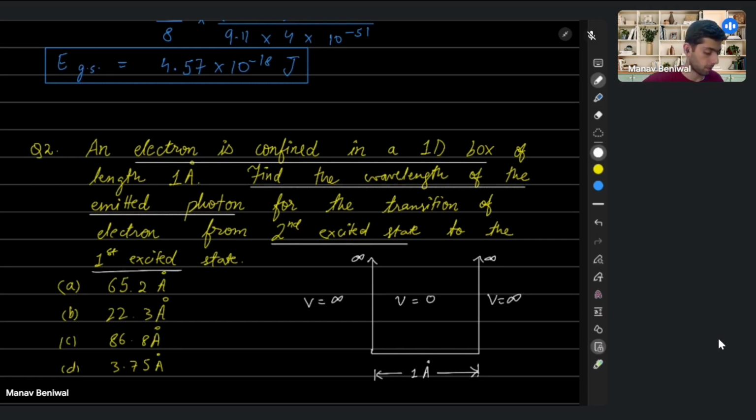Okay, so let's say this is your ground state, then we will have first excited state, and then we will have second excited state. So the transition is here. So electron from here jumps here, and this emits a photon, and we are asked about the wavelength of this transition.